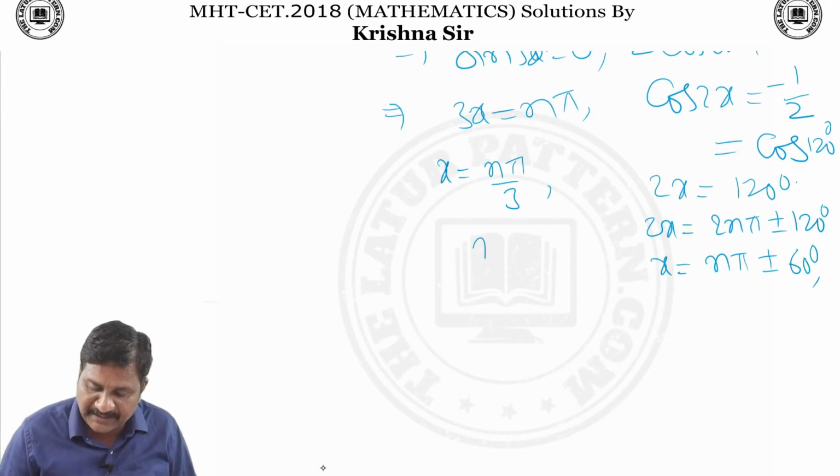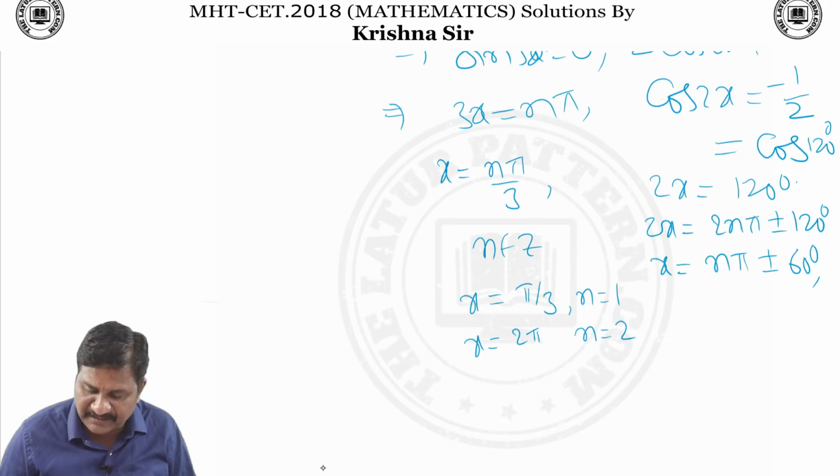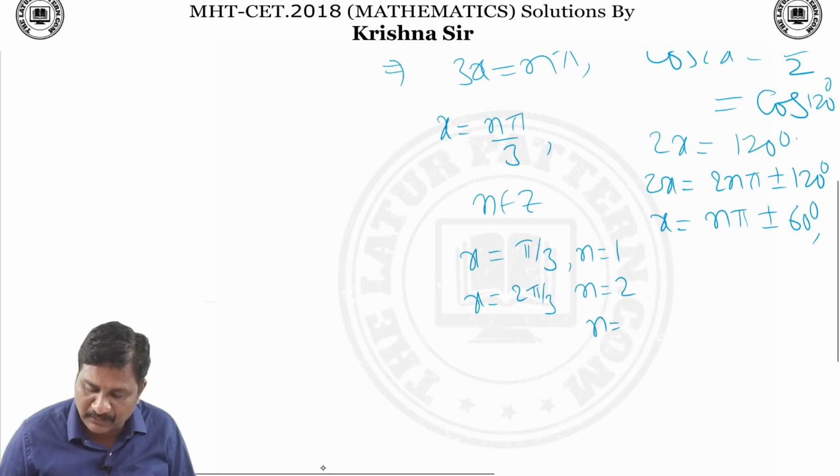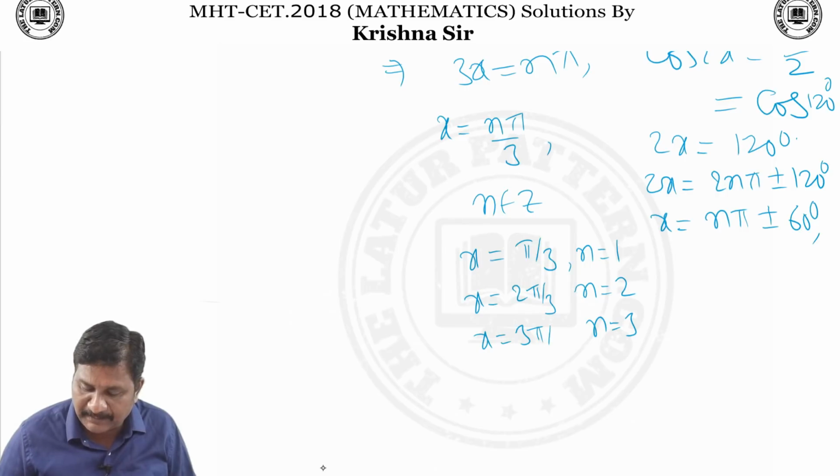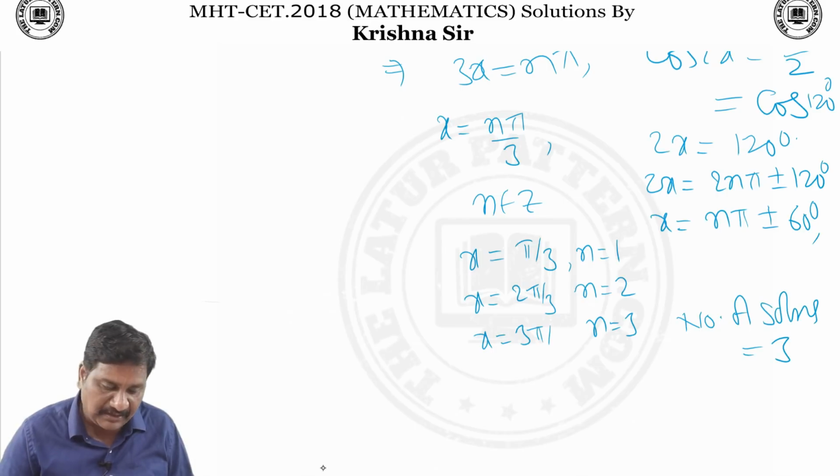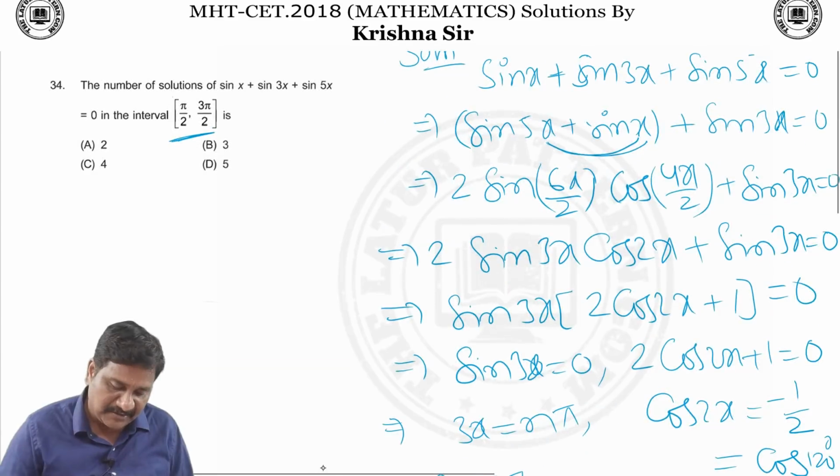Now substituting n belongs to Z values, x is equal to, for n equal to 1, pi by 3, for n equal to 2, 2 pi by 3, and for n equal to 3, x is equal to 3 pi by 3. So the number of solutions is equal to 3. By our options, option is B.